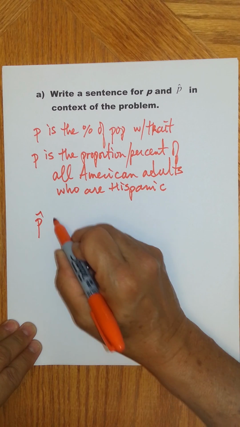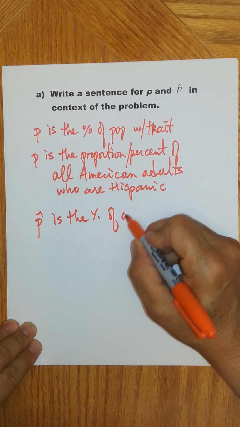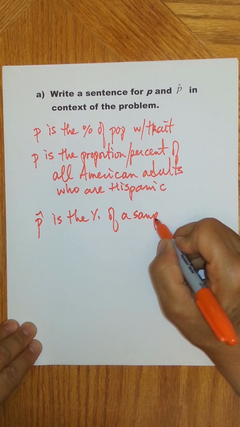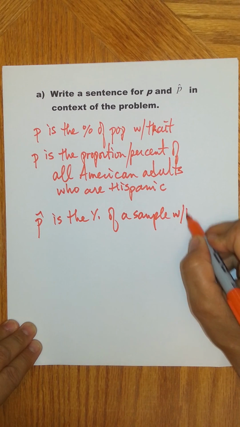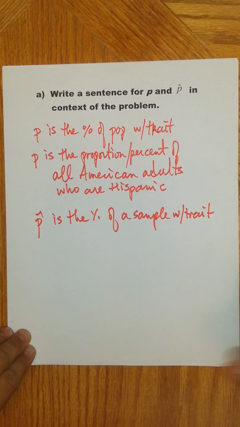And P hat is the percent or proportion of a sample with the trait. Although we keep talking about sampling distributions and there are thousands of samples, P hat is the proportion of people or objects in one sample that have the trait.